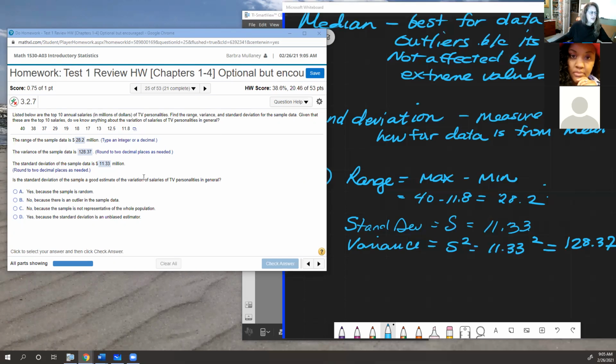They're asking, is that a good estimate of the variation of salaries of all TV personalities in general? No, right? Why is that? Because it didn't do the whole thing. It just did the top 10 salaries. Exactly. That's a terrible way to find out how well they're all doing, right?